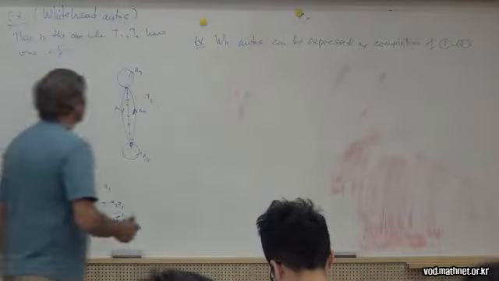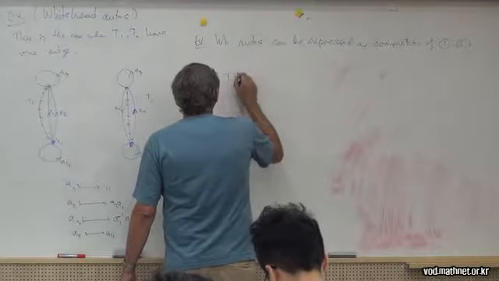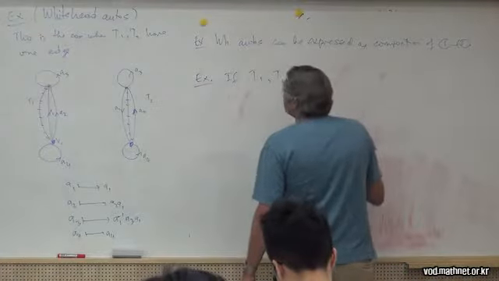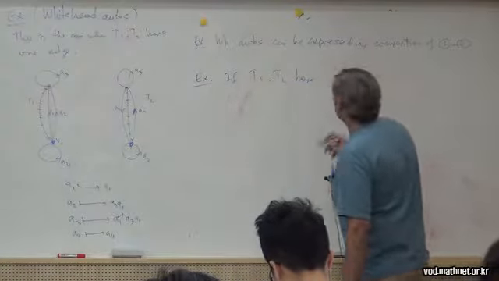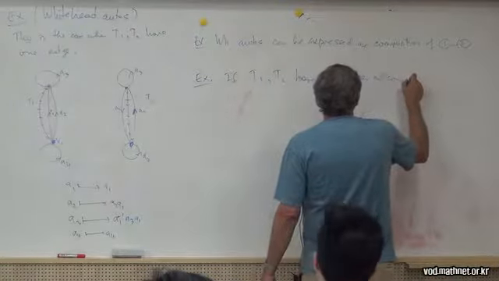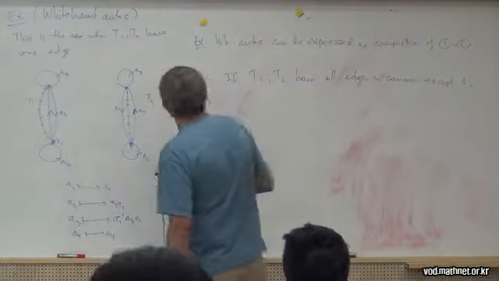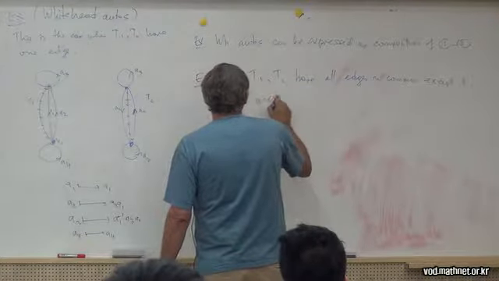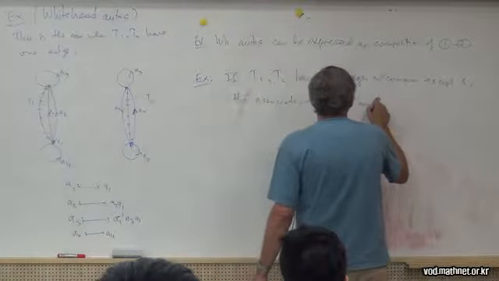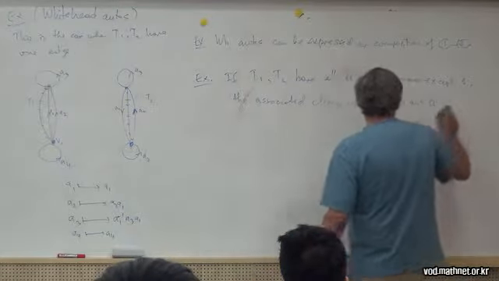And then another easy fact, an exercise. There are lots of exercises. So if T1 and T2 have all edges in common except one, then the associated change of maximal tree automorphism is Whitehead.